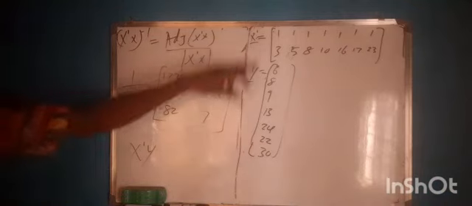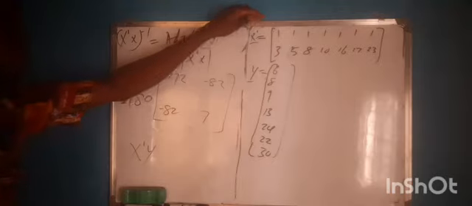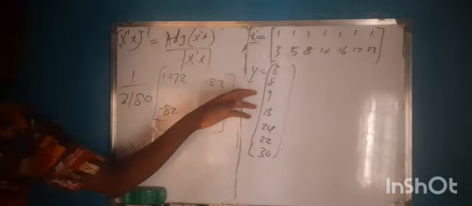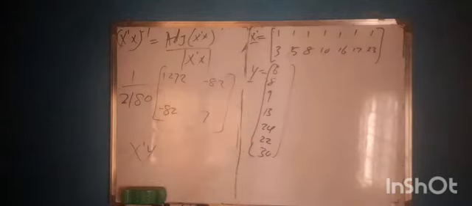If you check these two matrices, the multiplication can hold because the number of columns in X is equal to the number of rows in Y. So let's perform the multiplication.